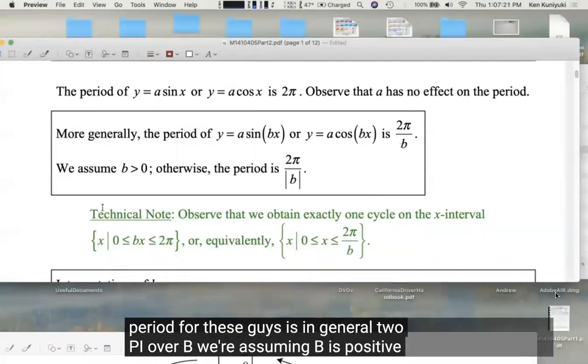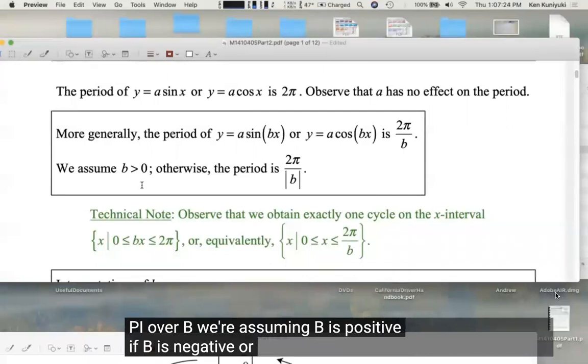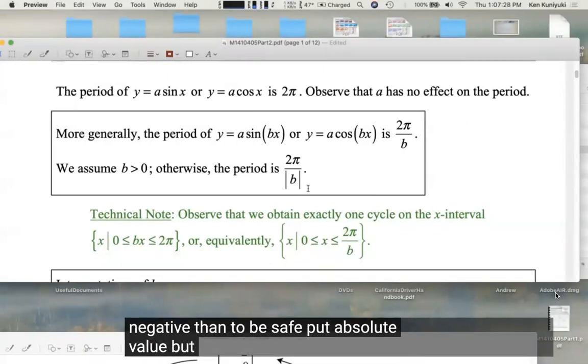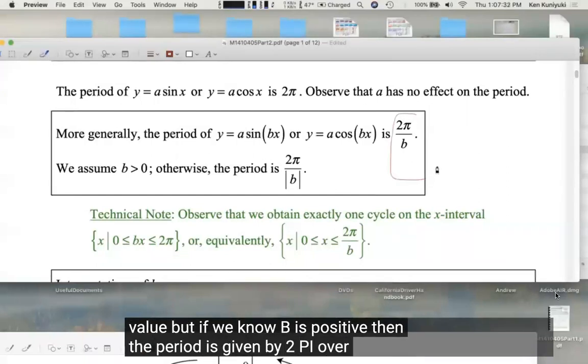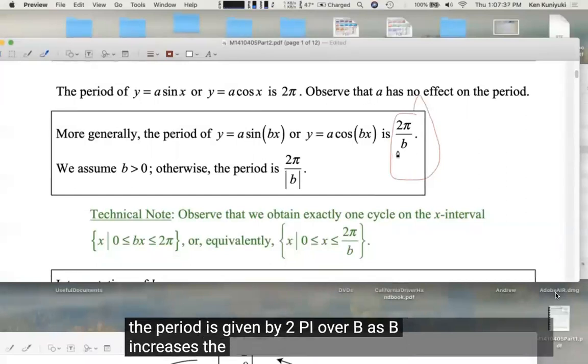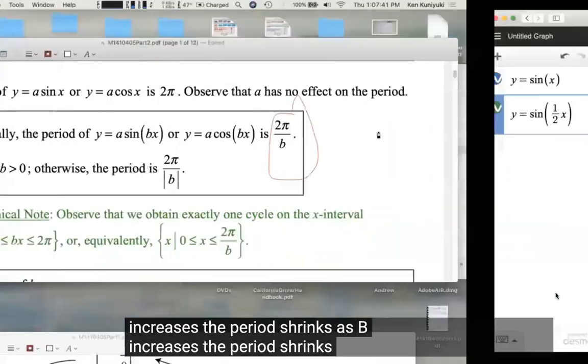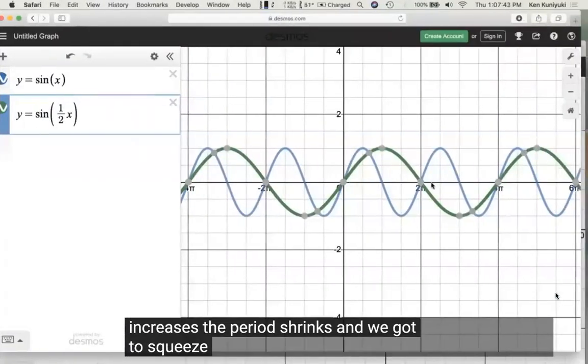We're assuming b is positive. If b could be negative, then to be safe, put absolute value. But if we know b is positive, then the period is given by 2 pi over b. As b increases, the period shrinks, and we get a squeeze.